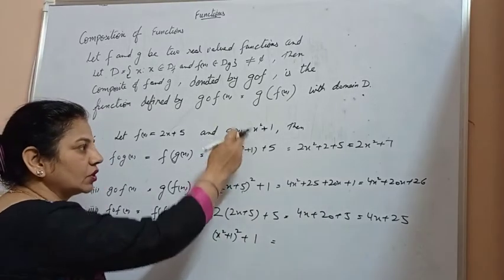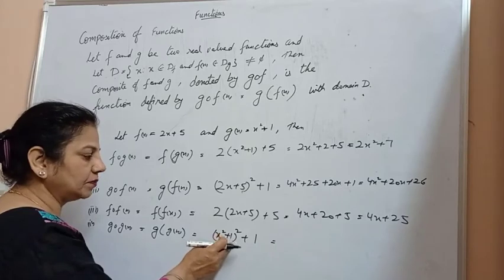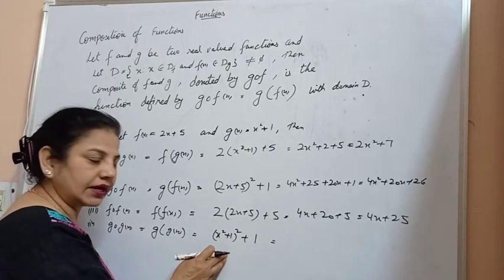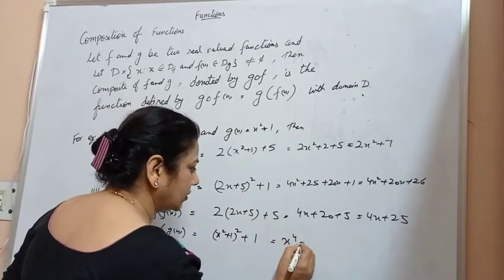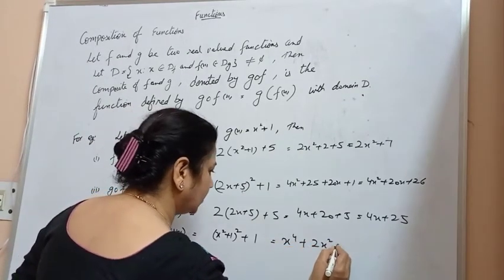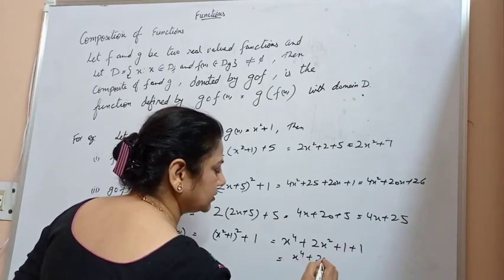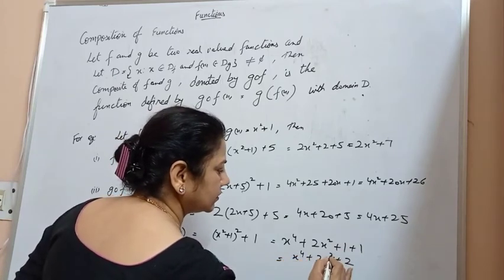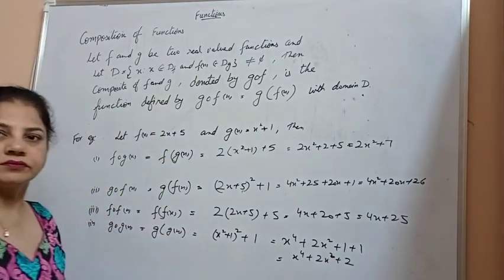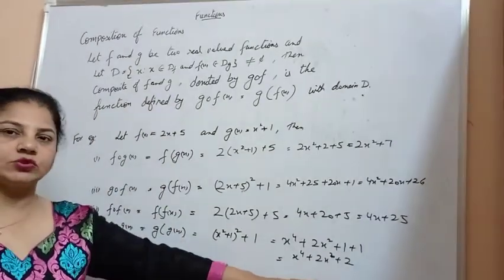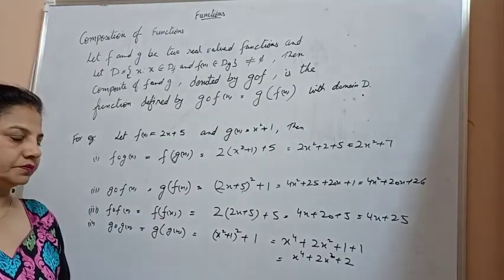And since x is squared, I will write the square also: (x² + 1)² + 1. So open the bracket with the (a + b)² identity. I get x⁴ + 2x² + 1 + 1, which is equal to x⁴ + 2x² + 2. So g(g(x)) gives the result x⁴ + 2x² + 2.